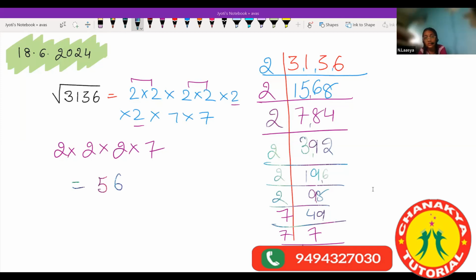I am asking you square root, and you are writing 7 to the power 8. Is it the right way to write your answer? Because after doing prime factorization, from every pair you will be taking one number. That's it.